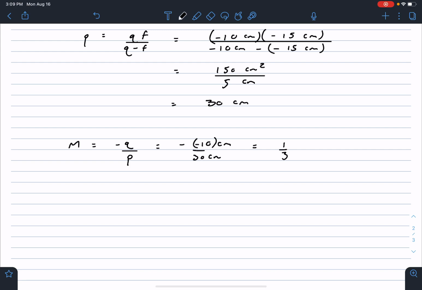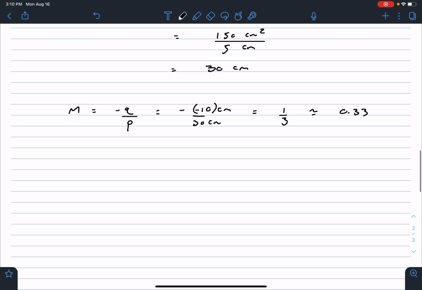That gives you 1/3, which is about 0.33. Because this is positive, the image is upright, and we also know that it's going to be 1/3 the size of the object. So it actually gets a little smaller. That's the point. Okay, next problem.